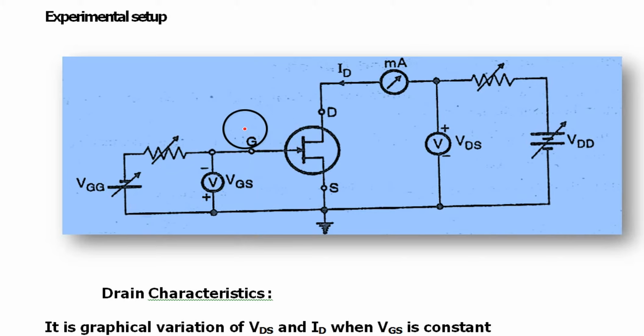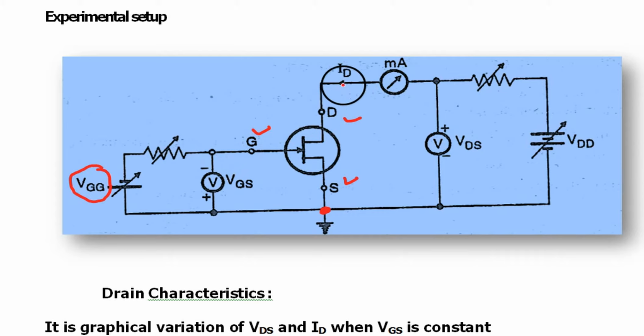Now here, like this is N-channel, source, drain and gate. Gate is P-type, and it is given a negative potential with respect to the source, because source is grounded. So gate is made reverse biased with the help of this battery. There will be no gate current.